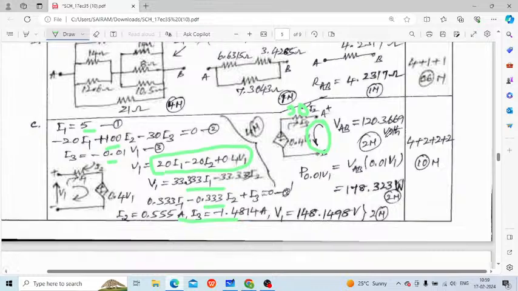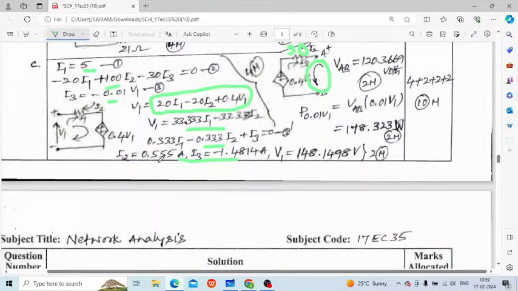So I will write it neatly on this same diagram. It is minus 30 into, since it is anti-clockwise, minus 30 into I3 minus I2, because resistance is always positive, that is why we have taken minus 30, right? Once again I3 minus I2, first I3 then I2, and it is positive 0.4 V1, which is equal to 0, students.